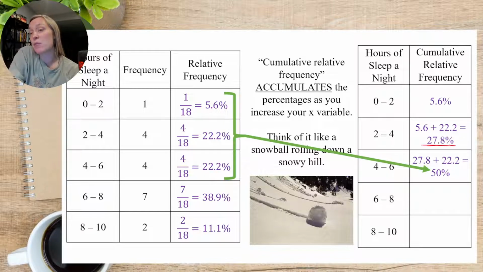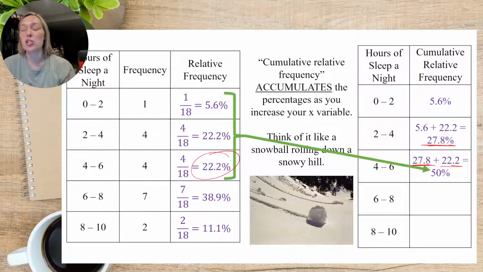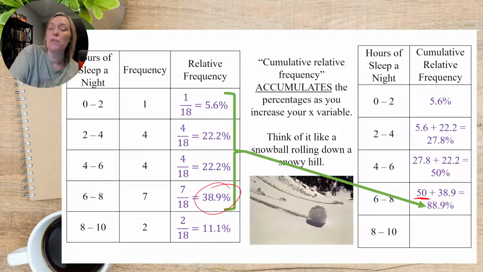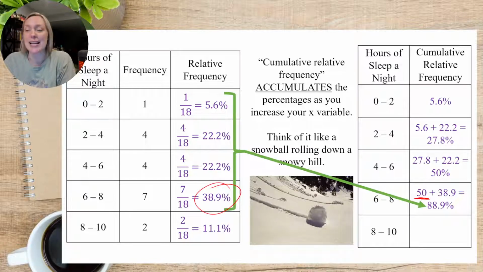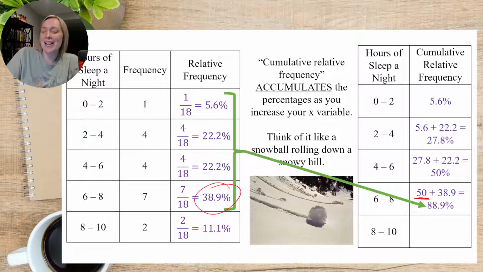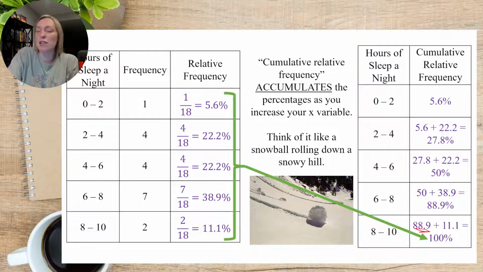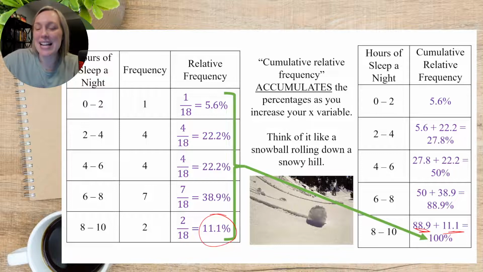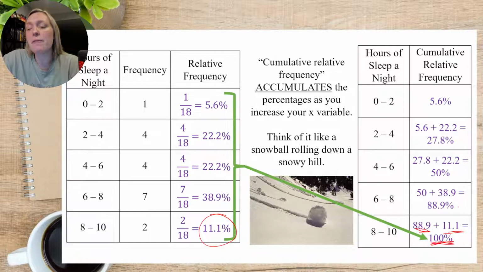We have 27.8% here, and we accumulate the next interval, which is 22.2, so we get 50%. Then we keep accumulating down the hill. We have 50%, and we accumulate the next relative frequency of 38.9 to get 88.9. And then lastly, we have 88.9, and we accumulate the last relative frequency and get 100%. The cumulative relative frequency always ends at 100%.